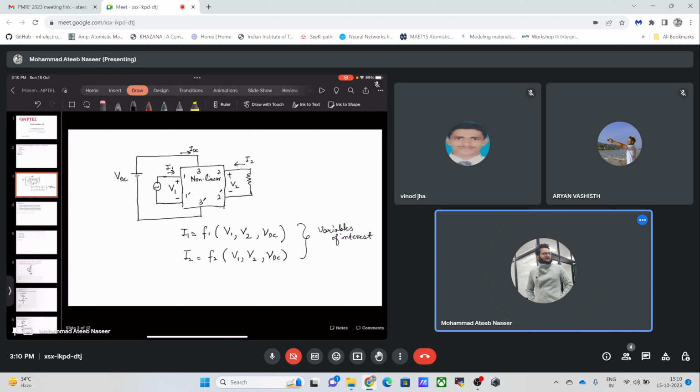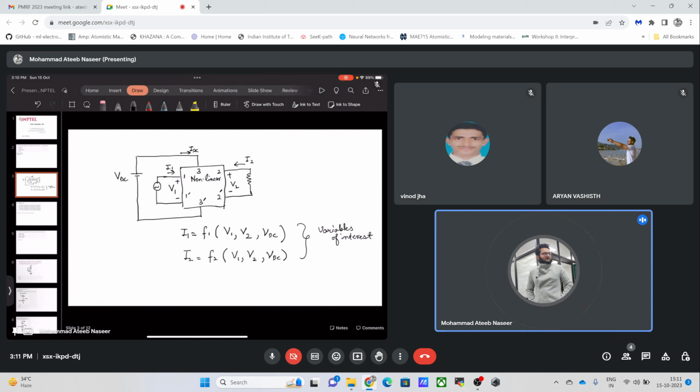So if we consider these nonlinear functions, there are no closed form solutions for them. For this, the Taylor series, which you must have heard of, comes into the picture. We know that for V1, V2, and VDC, some currents will flow through this circuit.